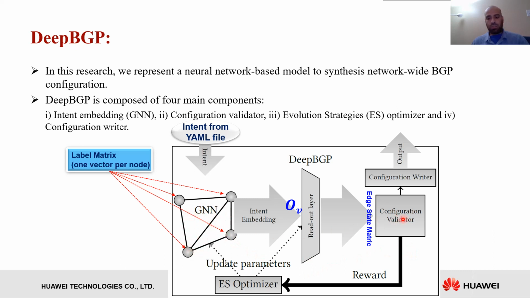The second component is the configuration writer. The third component is an ES optimizer, the evolution strategy optimizer, and the fourth component is the configuration writer. We also feed the intent of the network as a YAML file, as we can see from the input here, and we encode this intent into the GNN feature or label matrix directly.